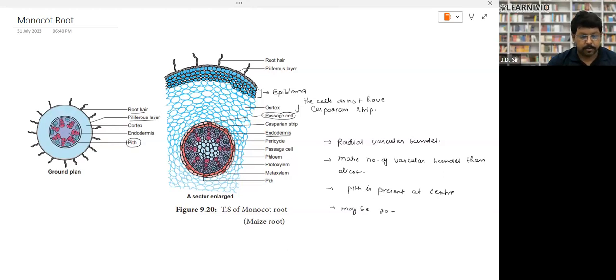Maybe 20 to 30 vascular bundles. Vascular bundle radial, that we have understood. Go through it and tell me, is it clear or not? If you have any doubt, please ask me.